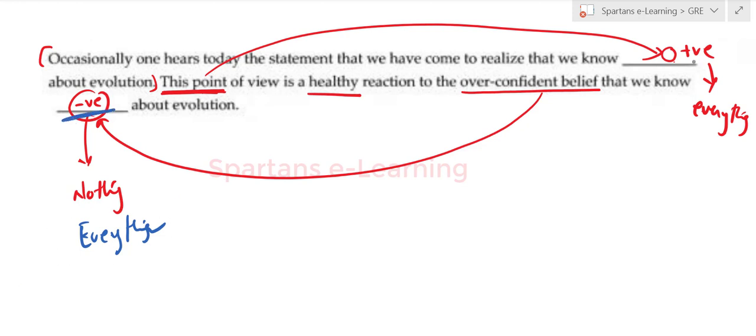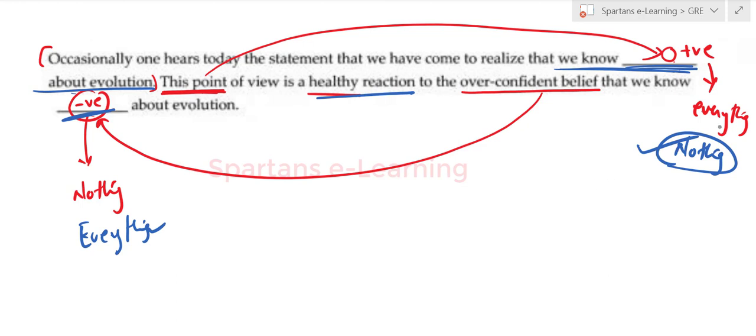Now similarly, here it should be nothing. Nothing is actually a negative word, but then if you see the sense of this sentence, this word should give you a positive meaning, right? This whole thing, realize that we know nothing about evolution is a healthy reaction, it seems. So if you take this whole sentence, right, you know nothing, this will be the answer, right? Don't take this as everything. So your first blank should be nothing, second blank should be everything.